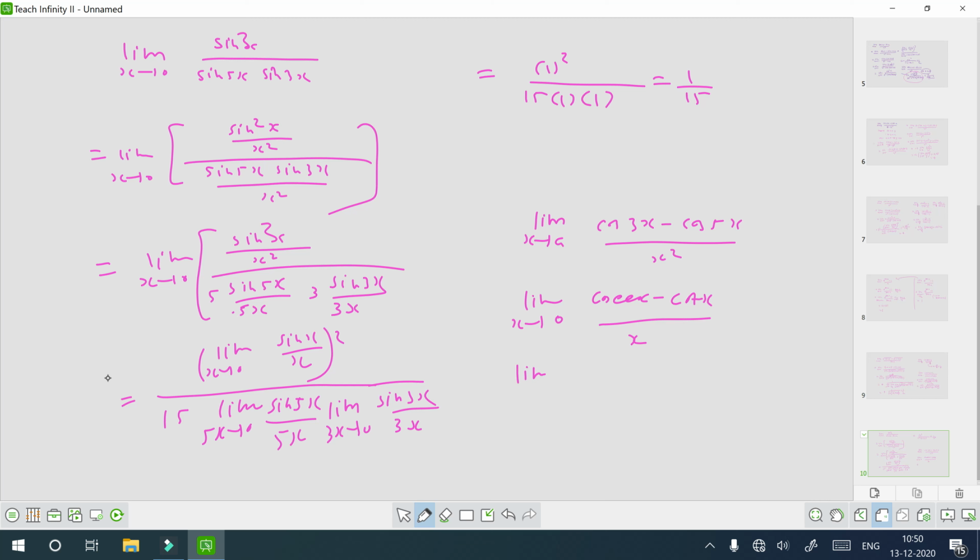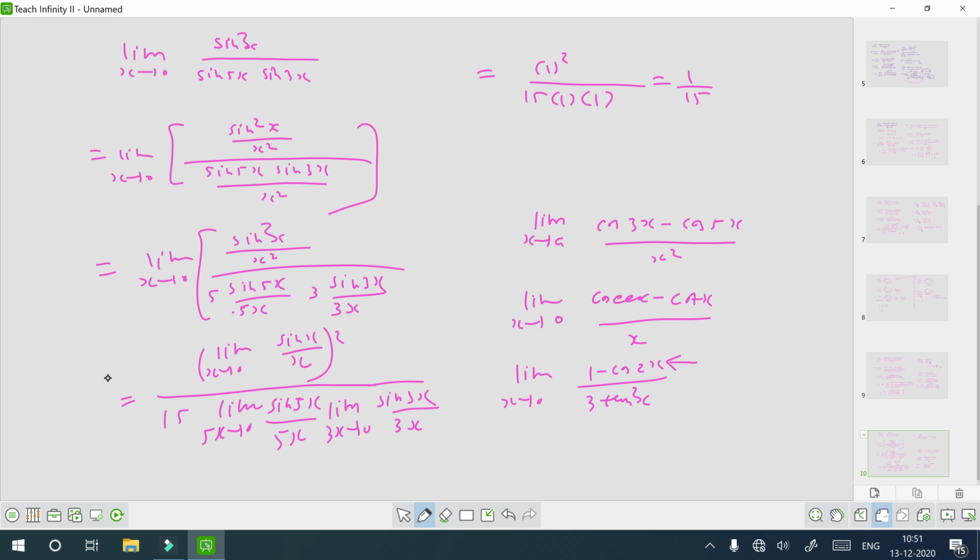Limit x tends to 0, 1 minus cos 2x over 3 tan square x. Apply the formula of 1 minus cos 2x, 2 sin square x, then arrange in standard form. The rest of the part is very easy, so I am leaving it for you.